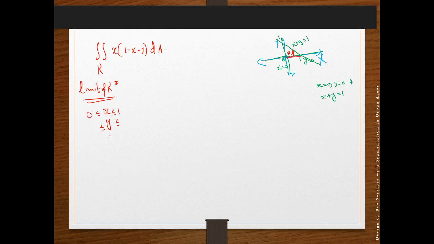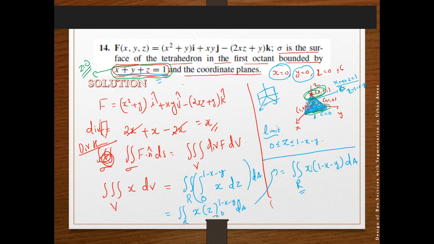And y ranges from 0 to 1 minus x. Okay, it's clear. Similarly, here also z equal to 0 is the lower surface, and z equal to 1 minus x minus y is the upper surface. So we get it, right?